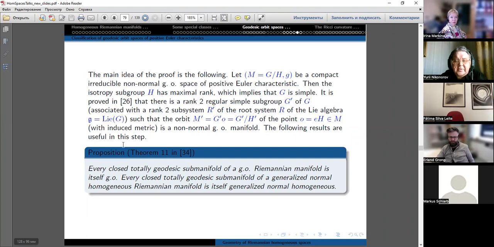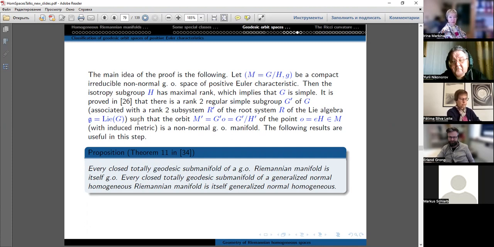It's not so easy, because, for example, if you take totally geodesic submanifolds of a naturally reductive space, it need not be naturally reductive itself. Hence, it is not so geometric a property.